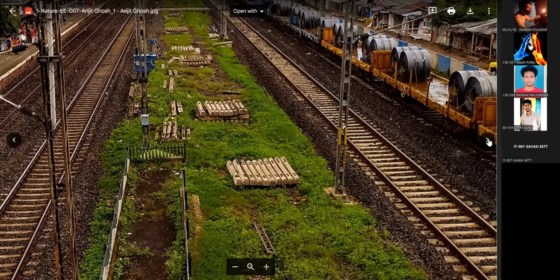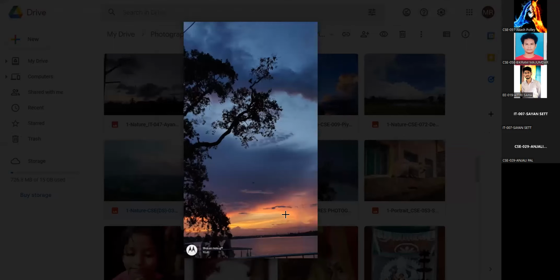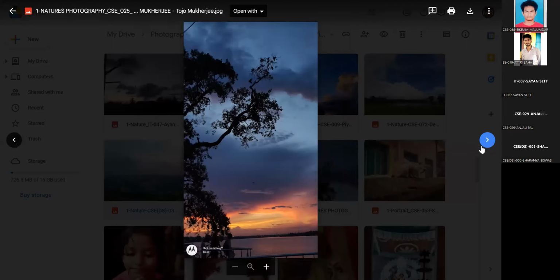Fine, it's just a picture. Nothing to say about this. Kind of silhouette picture. That's fine. But the aspect ratio of the picture is not right.